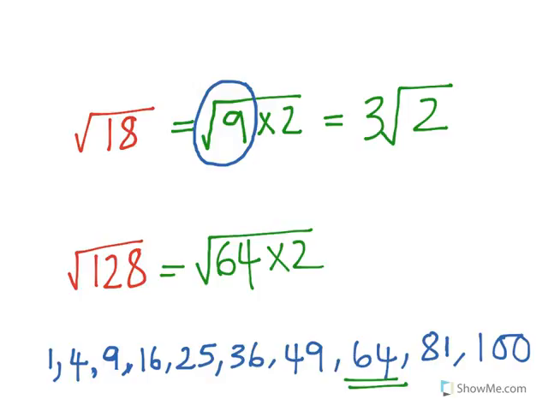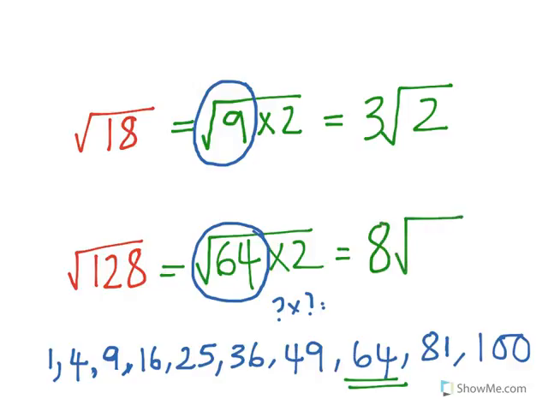Now, I need to square root the number that I can. So I can square root 64, and I need to think about what number times by itself gives me 64. Well, that's 8. So that no longer needs to be under the square root sign because I have square rooted it, and what remains under the square root is 2.